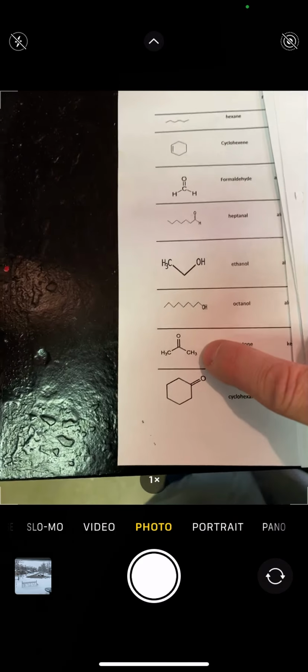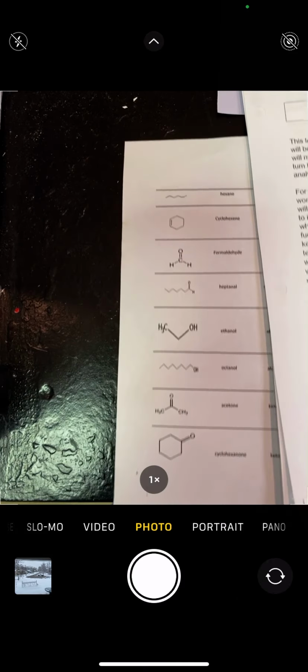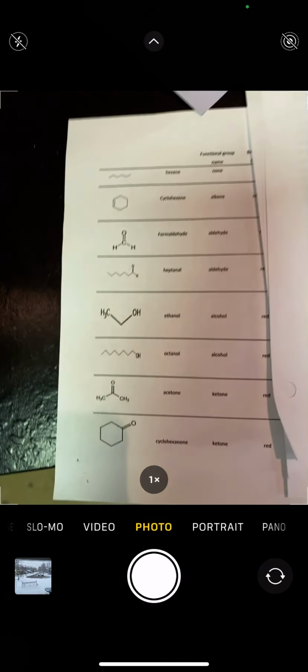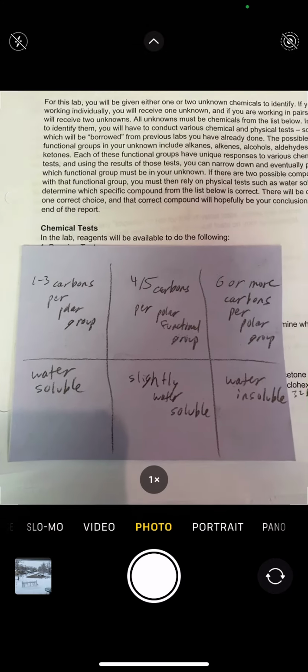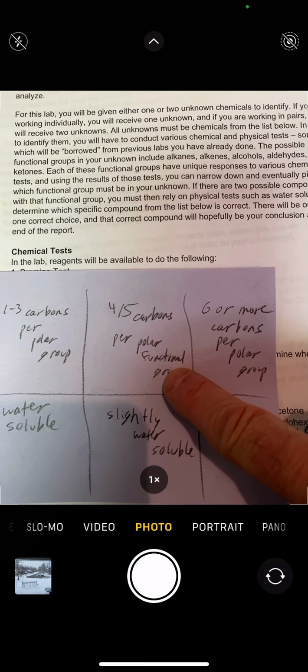The reason we're dealing with 2 of each of these has to do with solubility rules, which we will test: we'll see if our unknown is soluble in water. I'm not sure exactly what Dr. Banzal tells you in class, but textbooks that I have used break it down like this. It depends on the number of carbons in your structure per polar functional group.